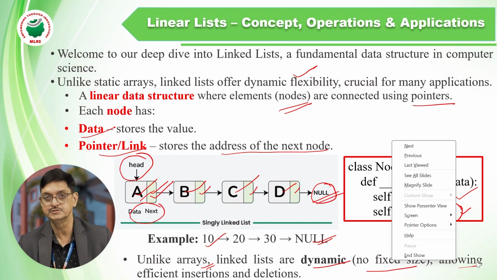Whereas it is not possible in arrays. Whenever we delete an element in an array, that index location is empty or holds an unknown value. We can't say whether that value is valid or whether we have processed or utilized it.